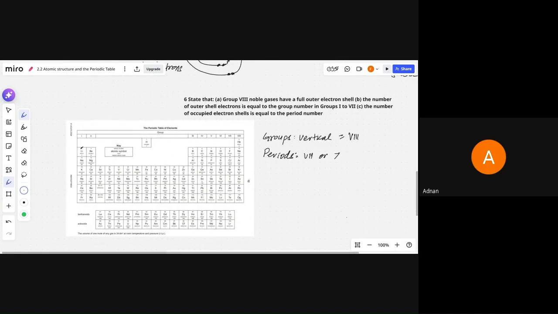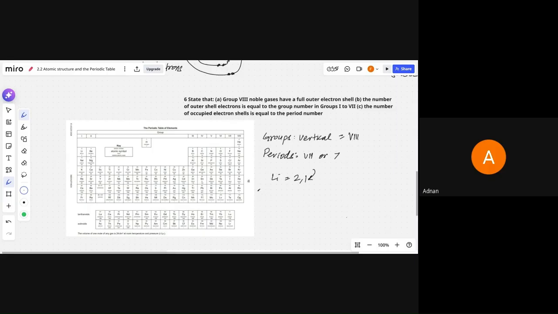If we draw its electron structure, its atomic number is 3, so the number of electrons is also 3. Two electrons are in the first shell, and the third goes to the second, because the first can only accommodate 2. The second shell is the outer shell for lithium, and it has only 1 electron.